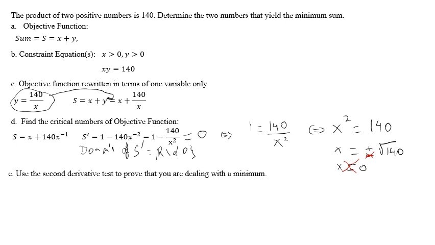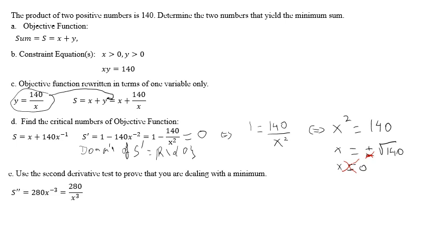So here I'm going to check that we have a minimum there, and if we have a minimum there, then it would be a local minimum, but there's no other minima, so that means that it will not only be a local minimum, it's actually going to be an absolute minimum. So for that, I'm going to use the second derivative test, which means that I'm going to take the derivative of s prime.